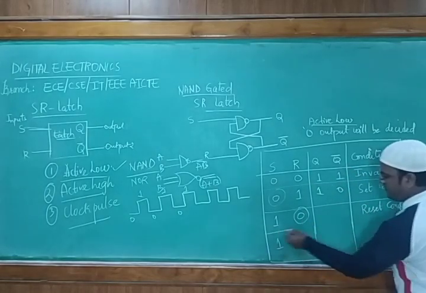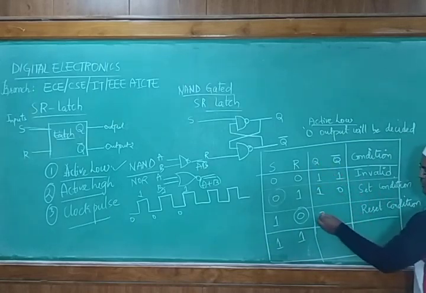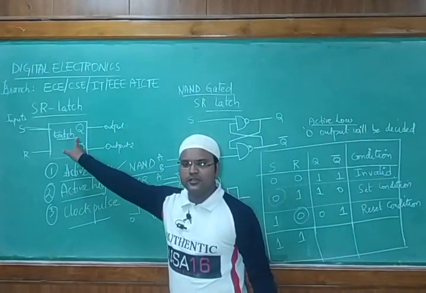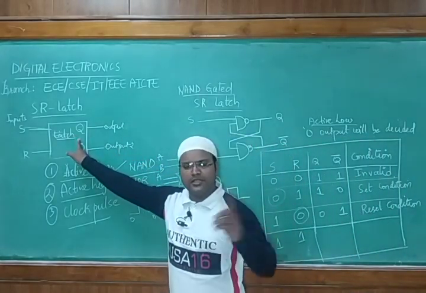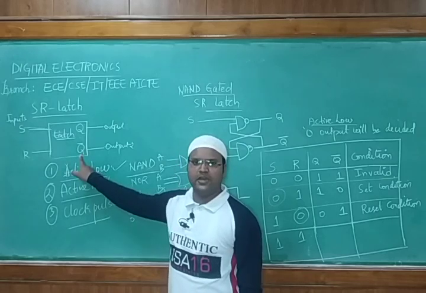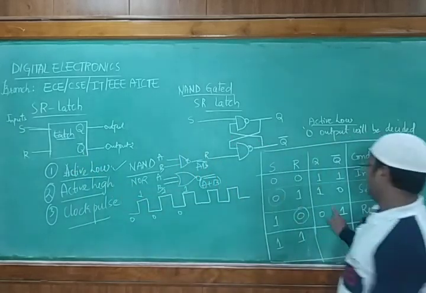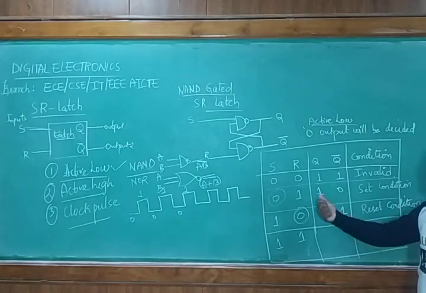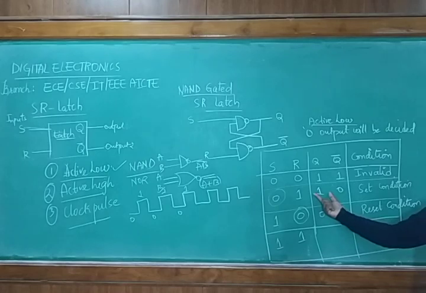So you might have Q is 0, and the complement of that would be 1. Q is nothing but the first output, right? So here Q is the output. If Q is 0, the complement we are writing over here is Q bar, so Q bar would be 1. If Q is 1, Q bar would be 0. So you can take 0, 1, no issue. I just want to mention how the Q is going to be decided.